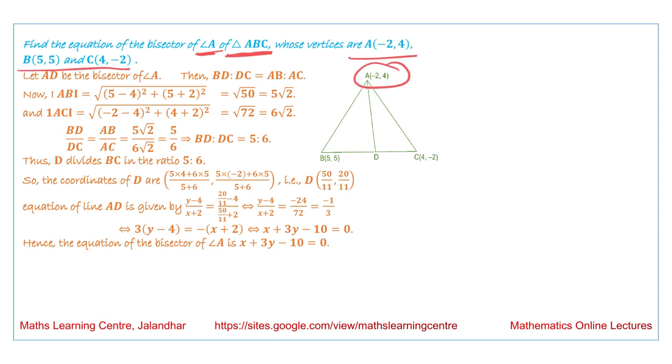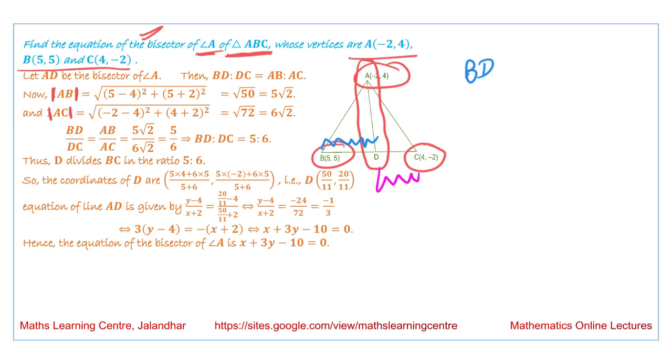This is the vertex A, this is B and this is C. We have to find the equation of the bisector of angle A. If AD is the angle bisector, then the ratio BD to DC should be equal to the ratio of the sides, because this is the angle bisector.